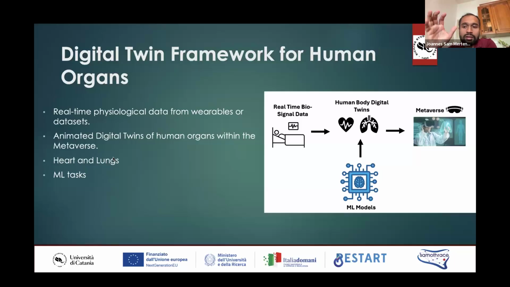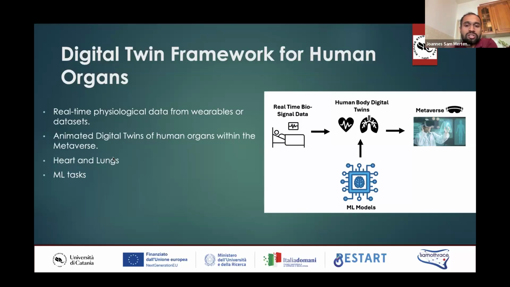In addition to looking at these 3D organs in the virtual environment, these digital twins also have machine learning running behind. So why do we have this machine learning? I was talking about this in the past couple of slides. The doctor will not only be visualizing the real-time 3D movement of the heart or the lungs, but also when you have a forecasting model running, like an LSTM or a CNN model that is predicting the heart rate or the lungs breathing rate, the doctor can also see the future trends.